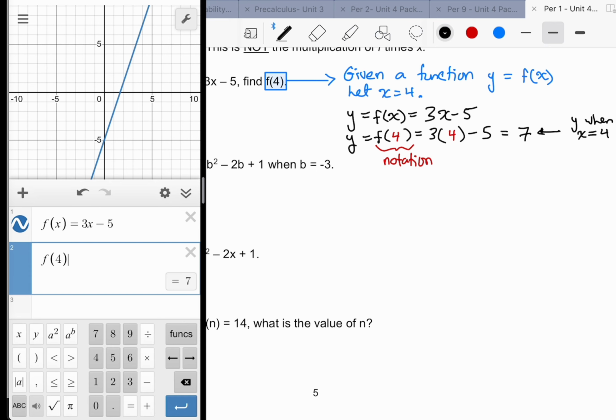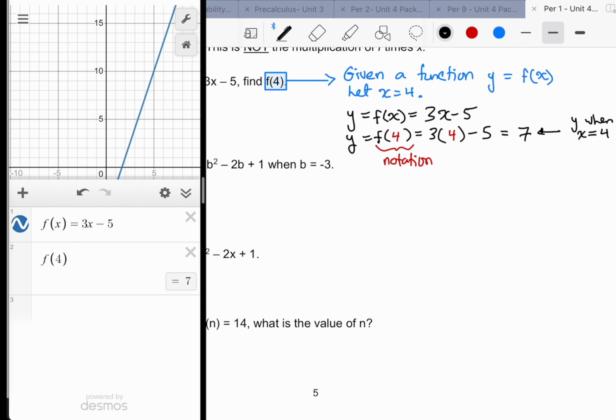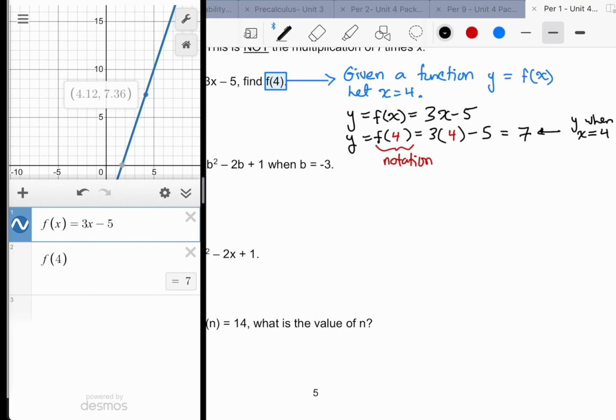Couldn't I have just found the coordinates at 4 on the graph? And the answer is yes. So if you go to 4 on the graph, you'll get a 7. The y value associated with this x value of 4 is the evaluated number.